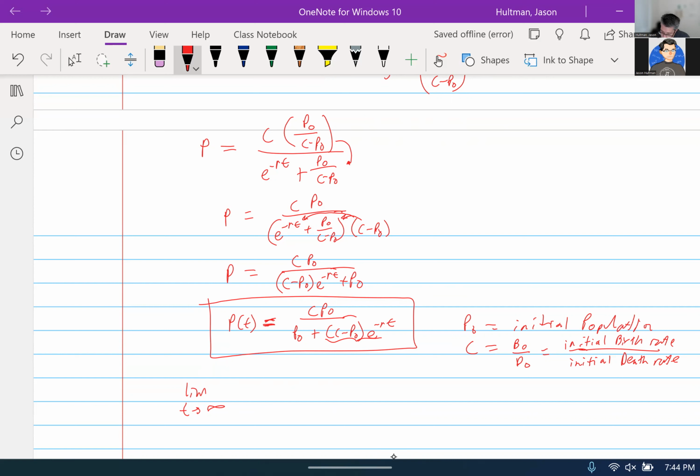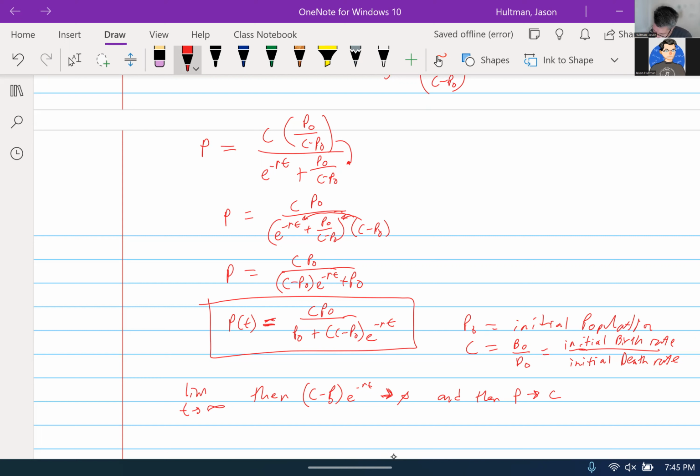Those two would cancel, and I would go to C. Then C minus P naught e to the negative RT goes to 0, and so P equals C. P goes to C. So pretty cool value there.